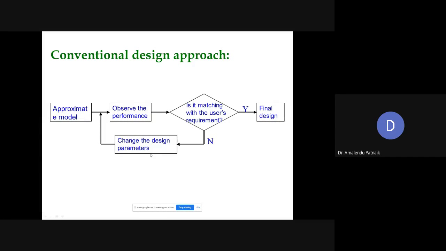And usually in antenna designing, a lot of parameters are involved. So we are changing those parameters. Again, we are observing the performance of that changed antenna. If it matches our requirement, then we take that as the final design, or we continue this iterative process of changing the design parameters.